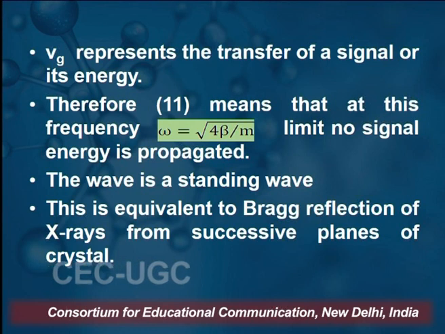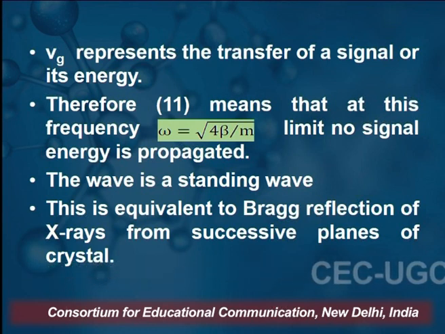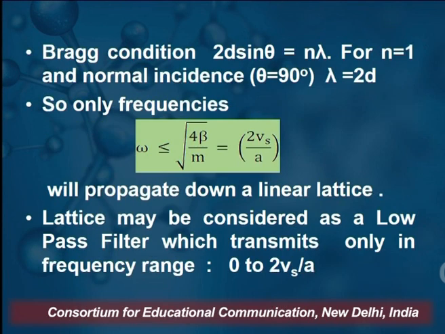This is equivalent to the Bragg reflection of the X-rays from the successive planes of the crystal, and the Bragg condition of 2d sin theta equal to n lambda is satisfied. In this case, n is equal to 1, theta is 90, and lambda will be equal to 2d.